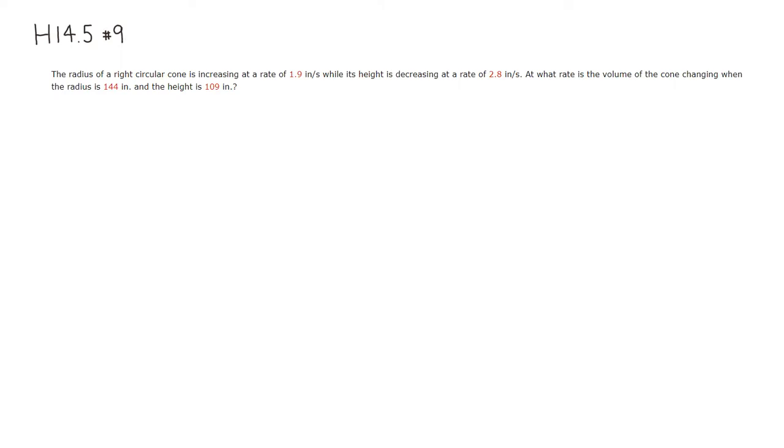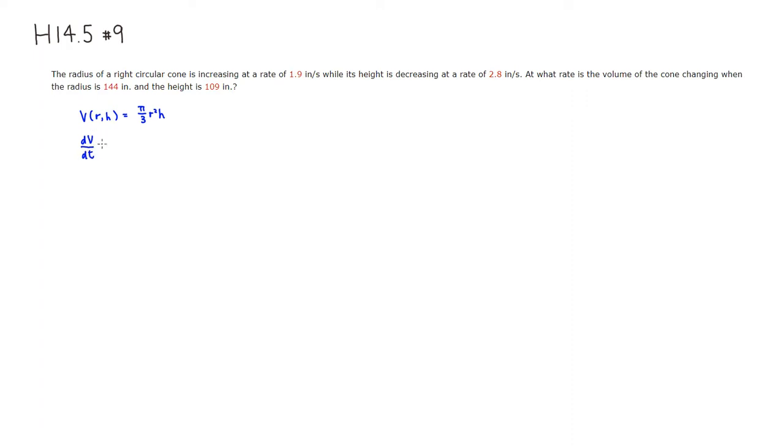All right, so we know that the volume formula is going to depend on radius and the height. So V is equal to pi over 3 r squared times h. What we need to do is take the derivative with respect to time t, so dV over dt.